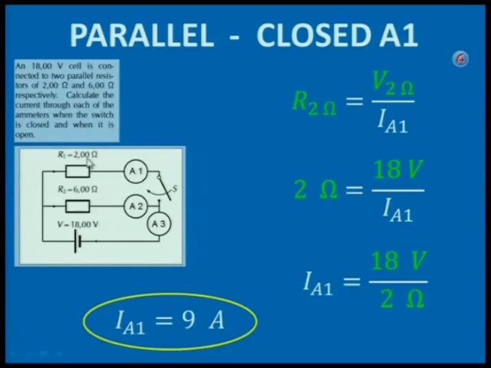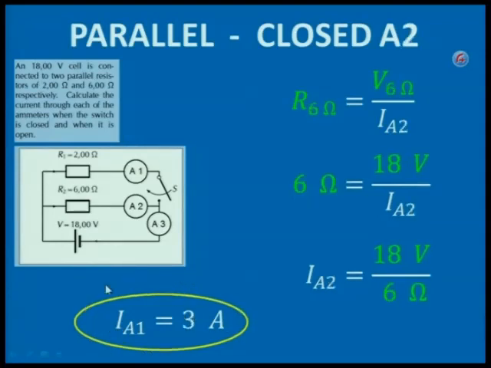The 2 ohms is given to you, and remember, for a parallel circuit, the total voltage is equal to the voltage over resistor 1 and the voltage over resistor 2. So, the voltage is also 18 volts, and this is for the 2 ohm resistor. Therefore, the reading on A1, the current, is 18 divided by 2, which gives you 9 amperes.